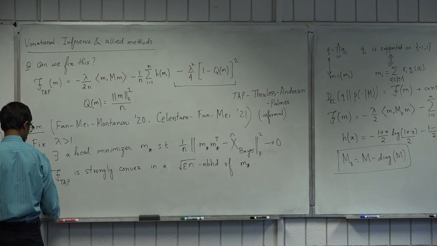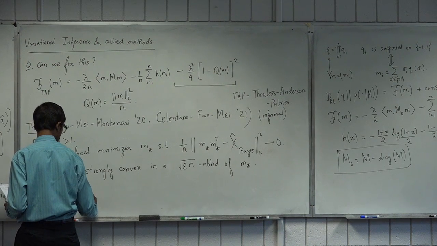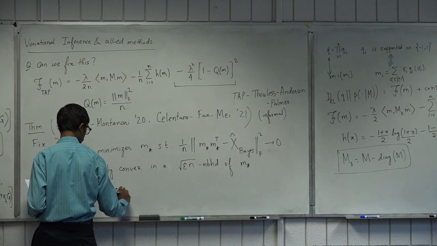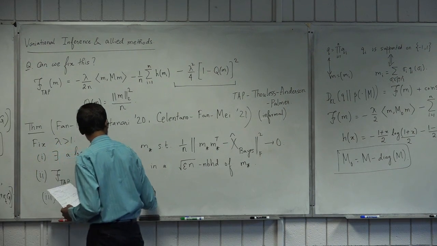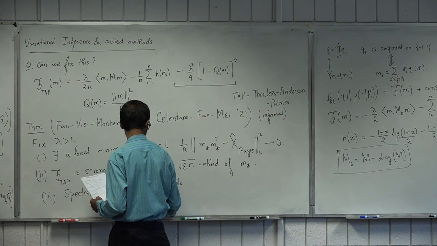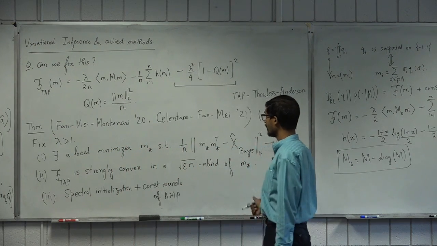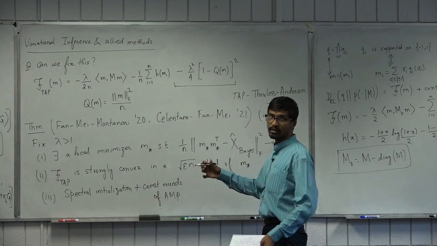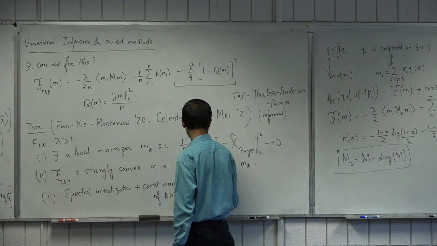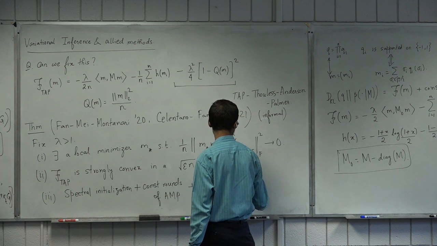And the third is a rate result, which essentially says that if you start with spectral initialization plus some constant rounds of AMP, so this first part of the algorithm will land you in this square root epsilon n neighborhood, and then do mirror descent on f_TAP.